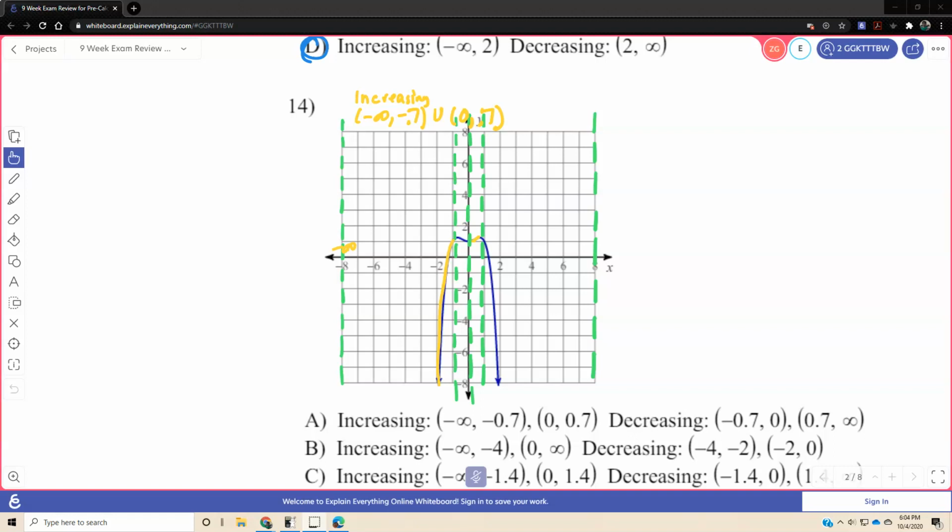So it's increasing from negative infinity to negative 0.7. It starts decreasing from negative 0.7 to 0, and then it also starts decreasing from 0.7 to positive infinity.